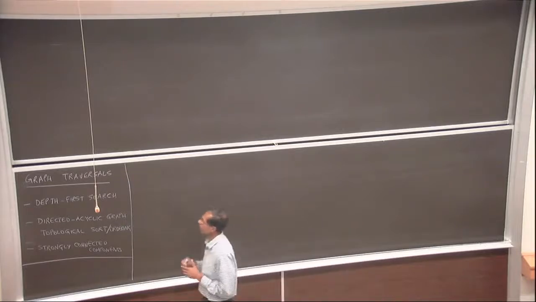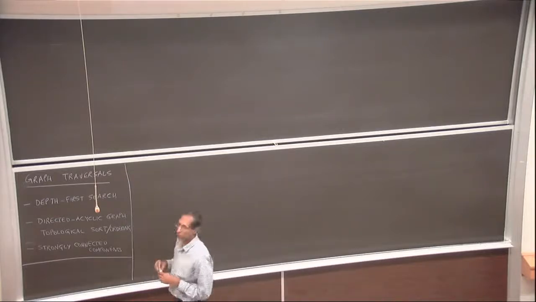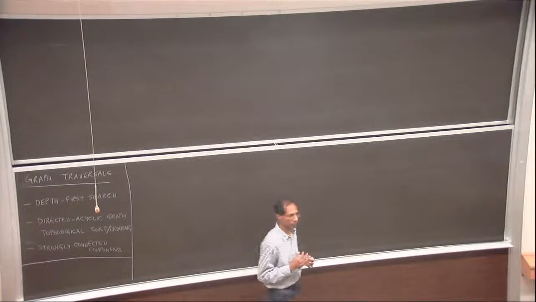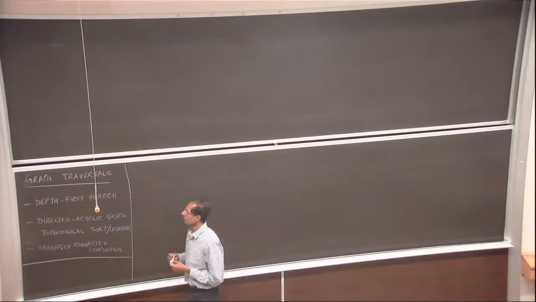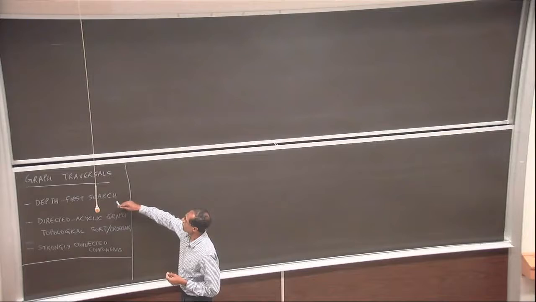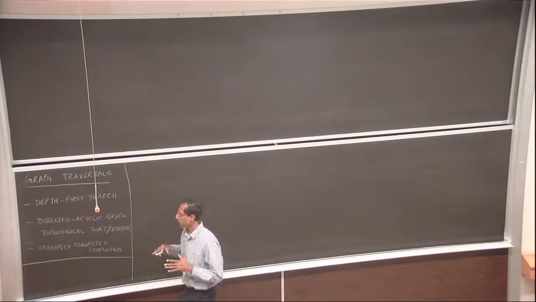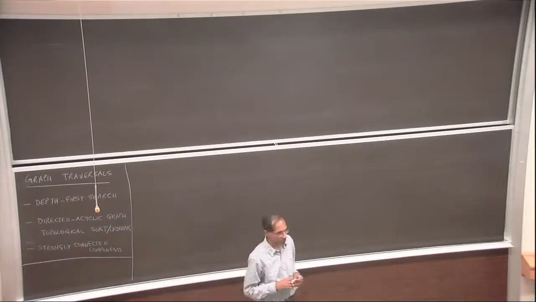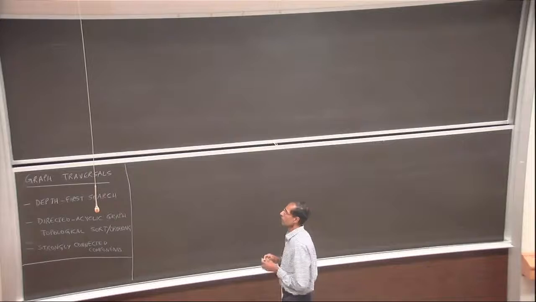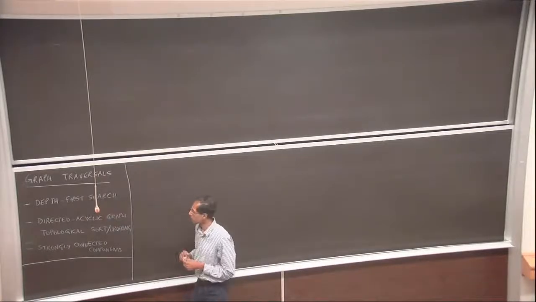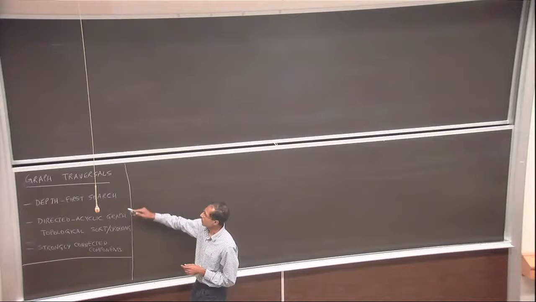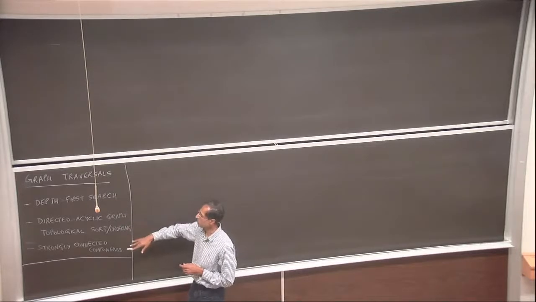Today we will complete our study of graph traversals. Last time we studied breadth first search, and we also looked at an example for depth first search. We will go over this in a little bit more detail, and we will see a couple of interesting applications of it.